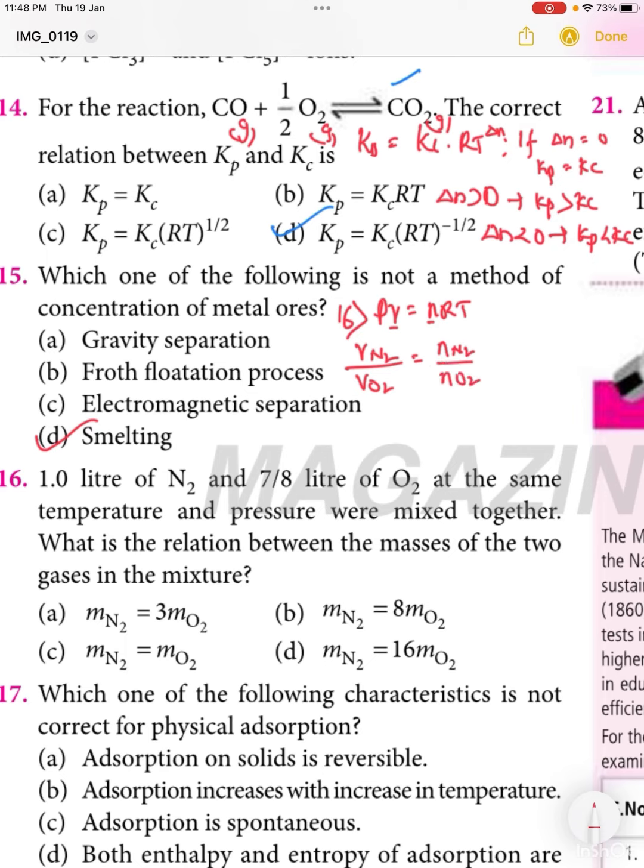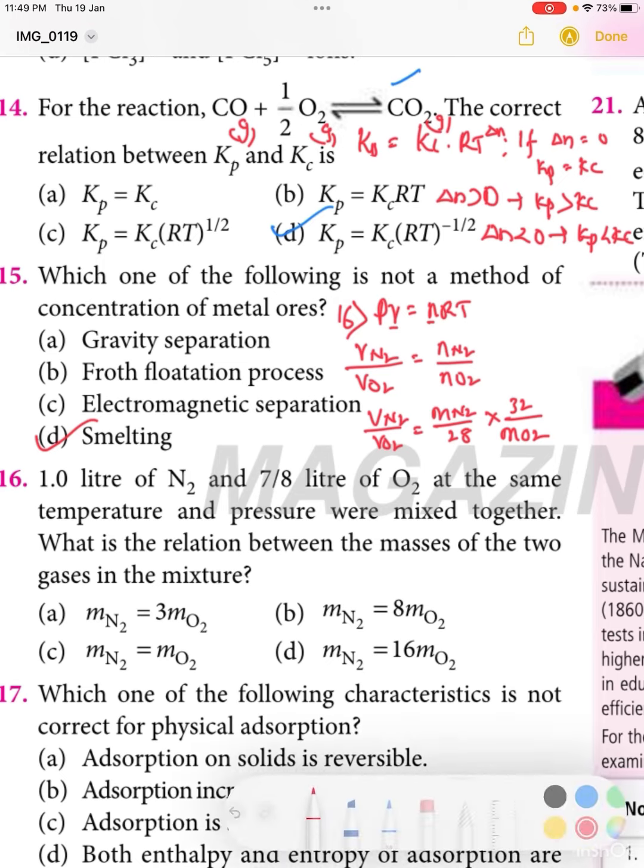We know the formula to find the number of moles. So volume of nitrogen by volume of oxygen is equal to mass of nitrogen by molar mass of nitrogen, which is 28, into molar mass of oxygen, which is 32, by mass of oxygen.